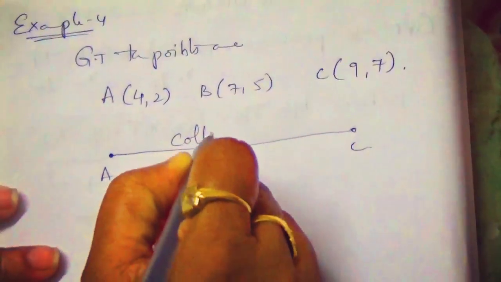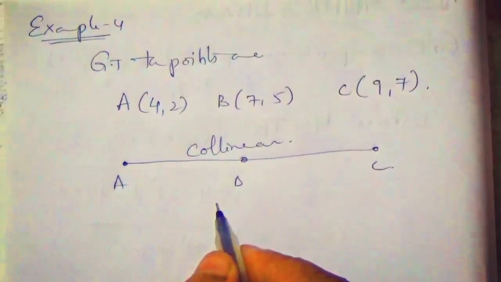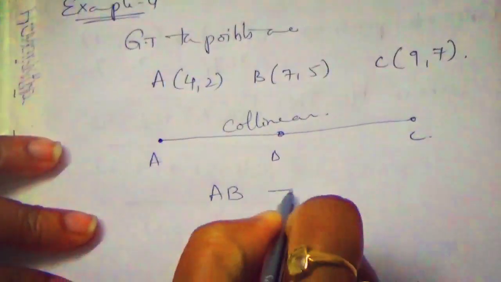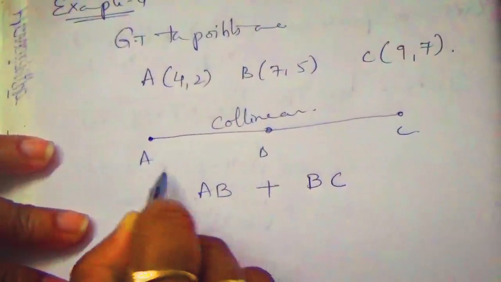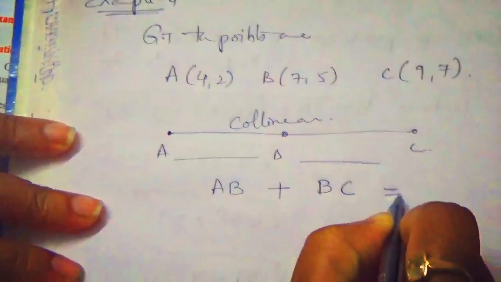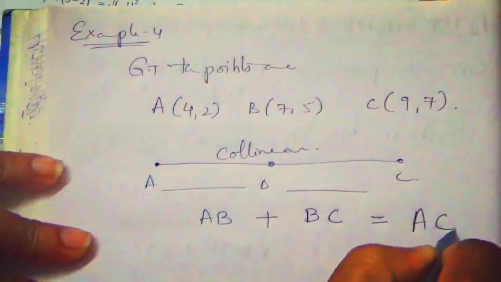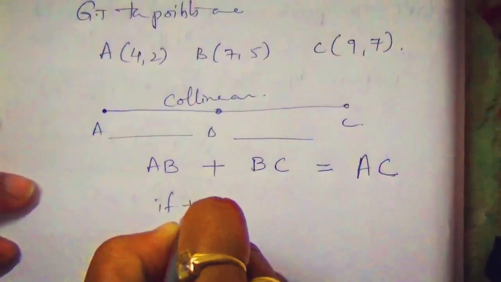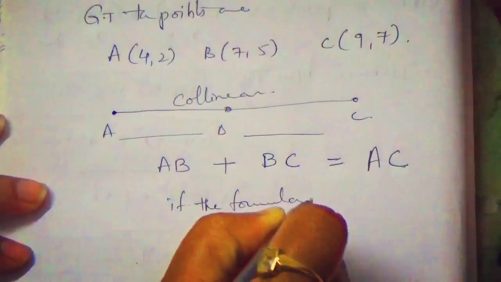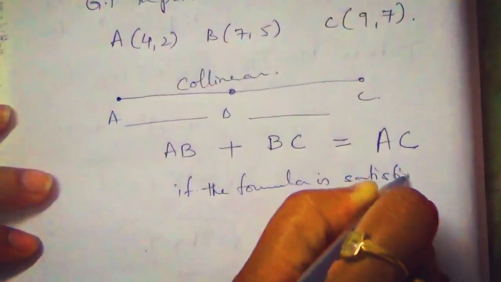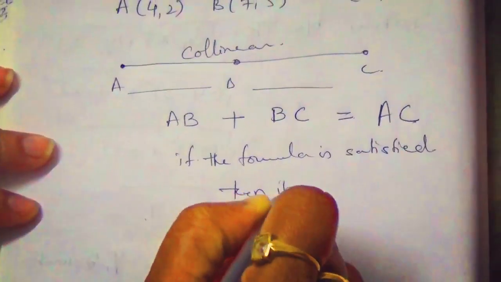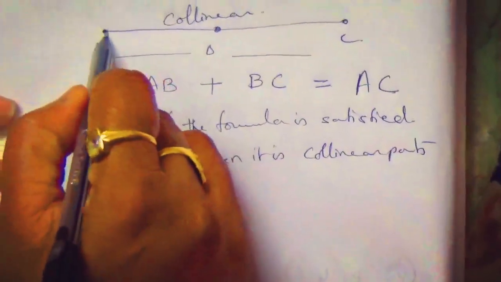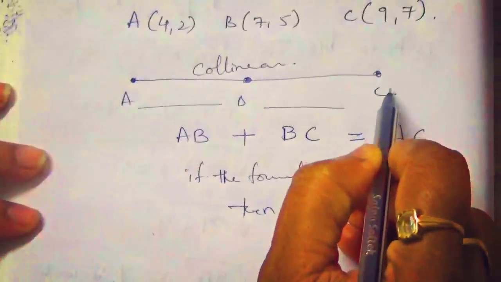What is the formula to find out whether they are collinear?